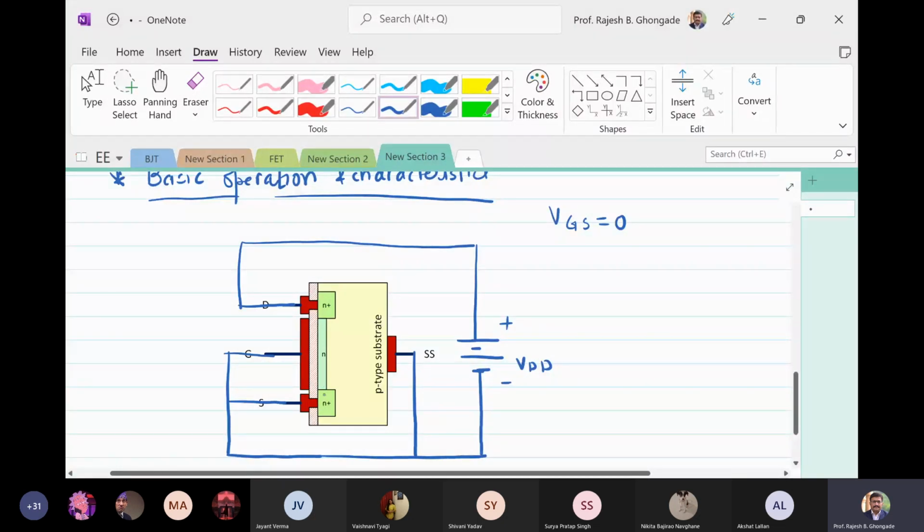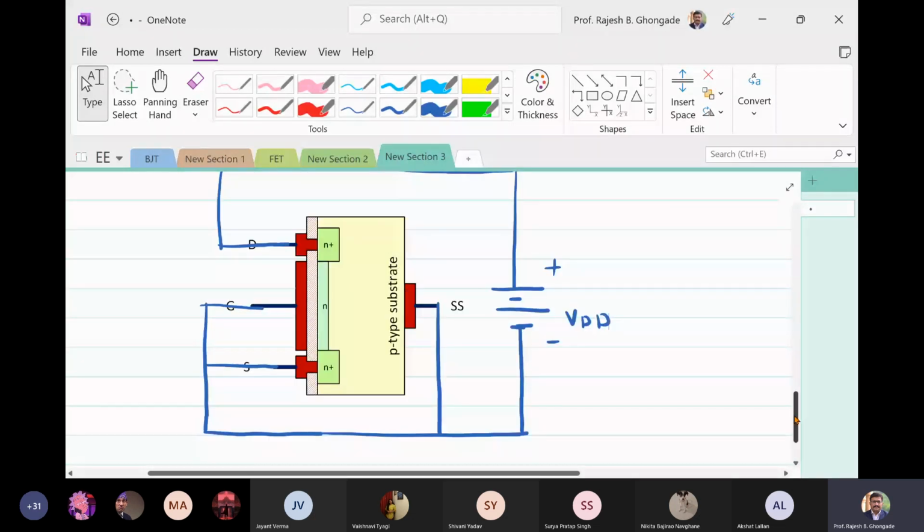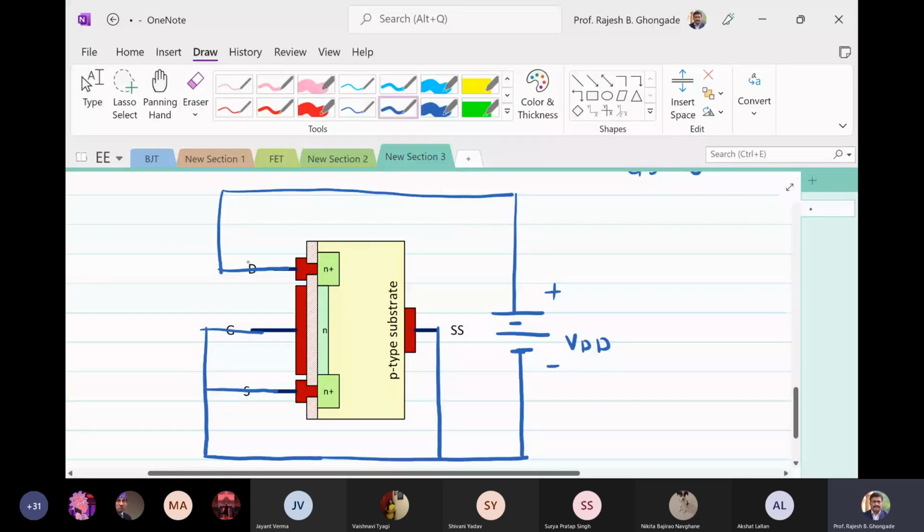Excess majority charge carriers क्या होगा? Sir, electrons. Electrons. So don't you think that the electron will start flowing if I apply external voltage between this terminal? So this terminal is positive and this terminal is negative. So electrons will start flowing towards what? Towards a source terminal. Towards the source.